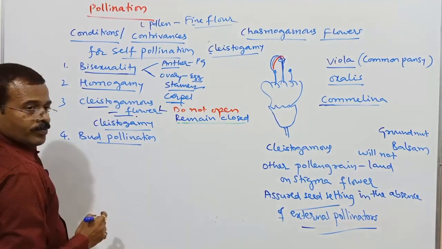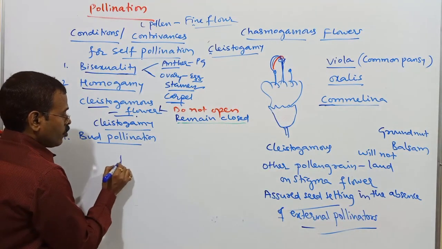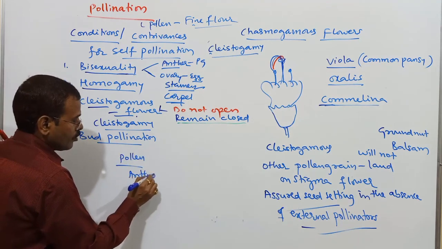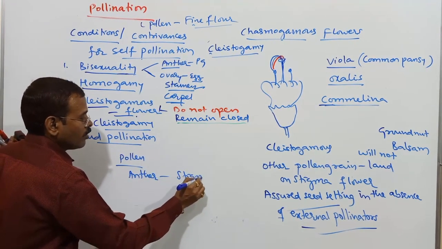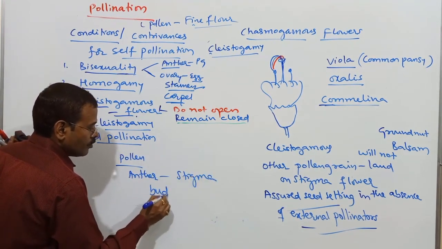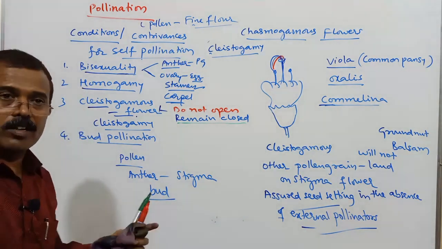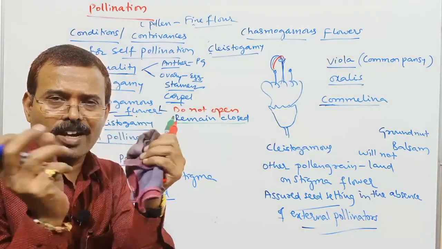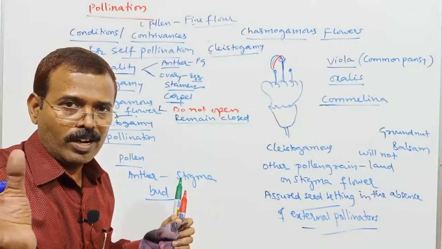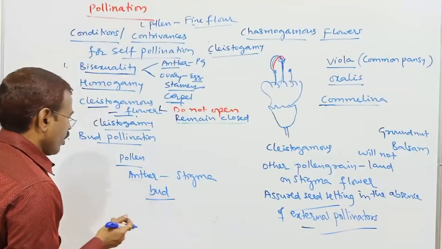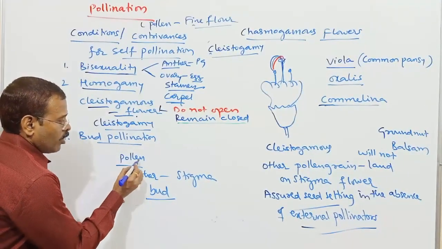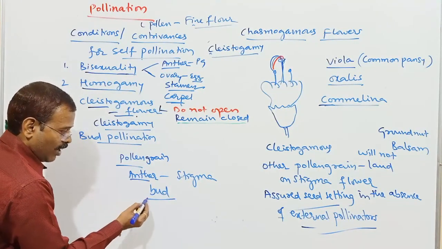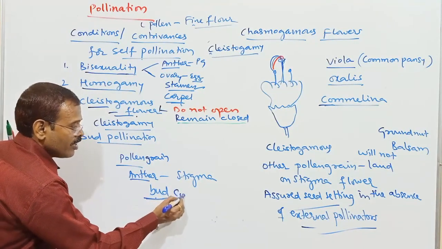Here is the transfer of pollen grains from anther to the stigma in the bud. The flower is not completely developed and the flower is not open. It is still in bud condition. So there can be transfer of pollen grains from anther to the stigma in a flower when it is in bud condition only.